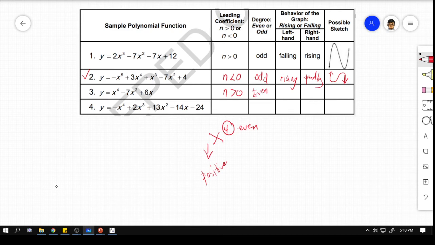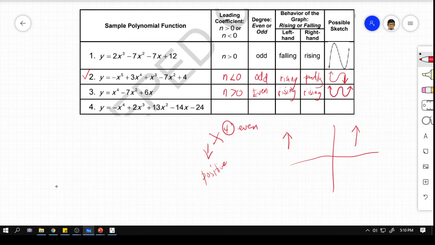Okay? If it is even and the leading coefficient is positive, automatically, its left hand is rising and its right hand is rising as well. So, this is rising. This is also rising. So, this is the possible sketch when it is like that.